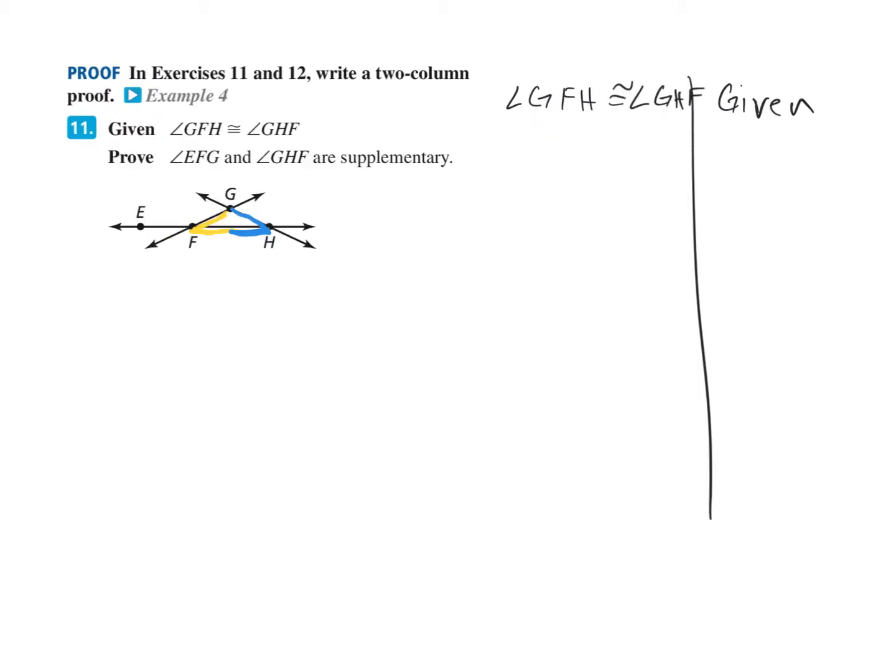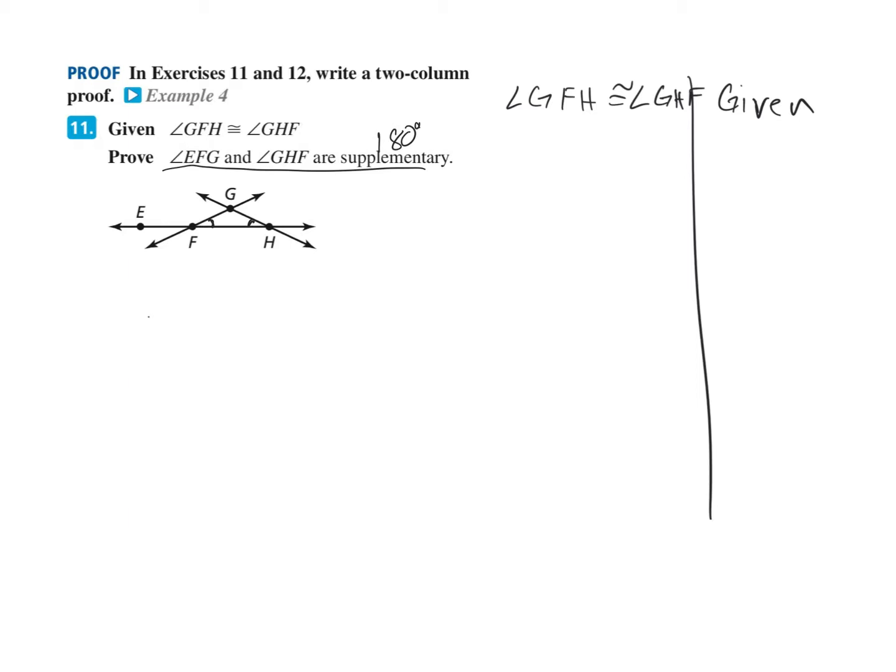All right, so I'm going to blow this up a little bit. Okay, that's a little bit bigger. Let's go ahead and get rid of that. Now, the given part here, it says that these two angles are the same. So we need to draw these little things in here. Those two angles are the same. All right. Okay, so what are we trying to prove? This is the part we want to pay attention to. Supplementary means 180 degrees.